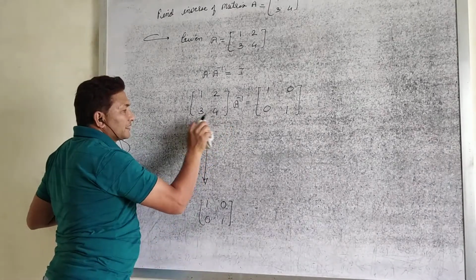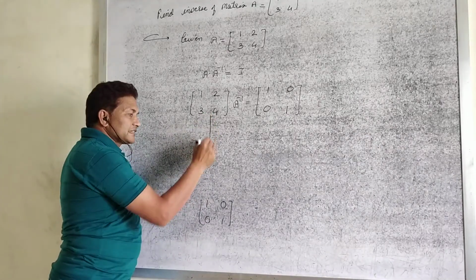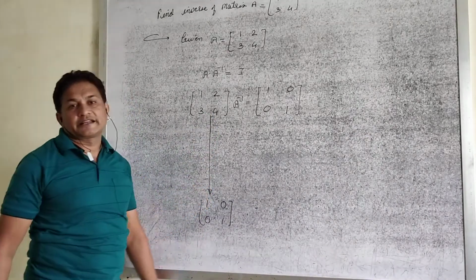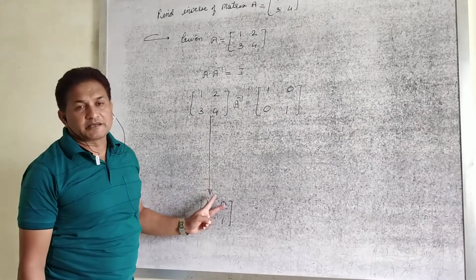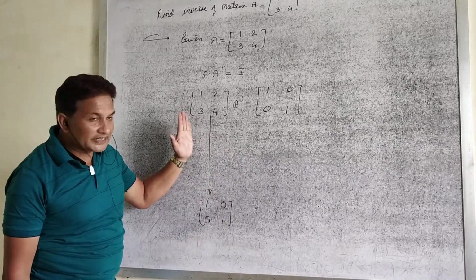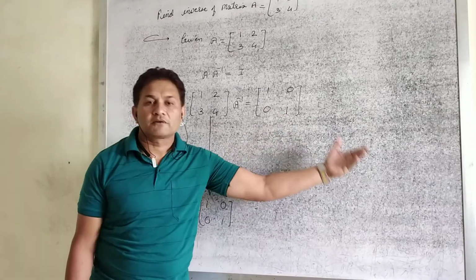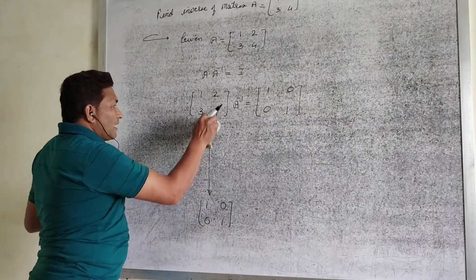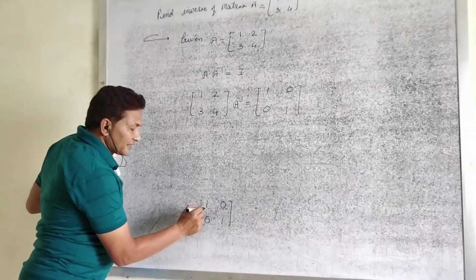So here we are using elementary transformation and converting this matrix into identity matrix. While converting into identity matrix, the operation we use on this side, the same operations must be used for the other side. Now see this identity matrix.